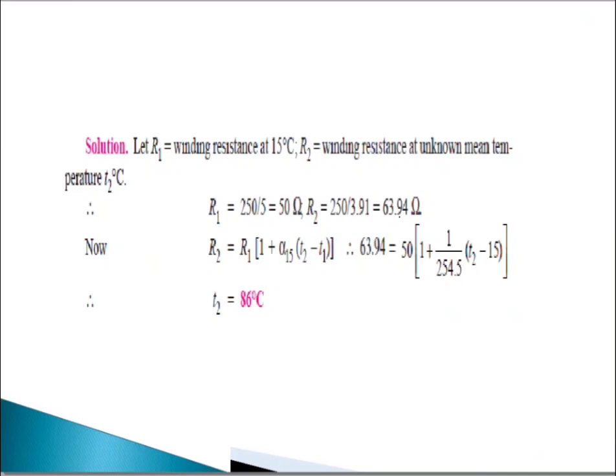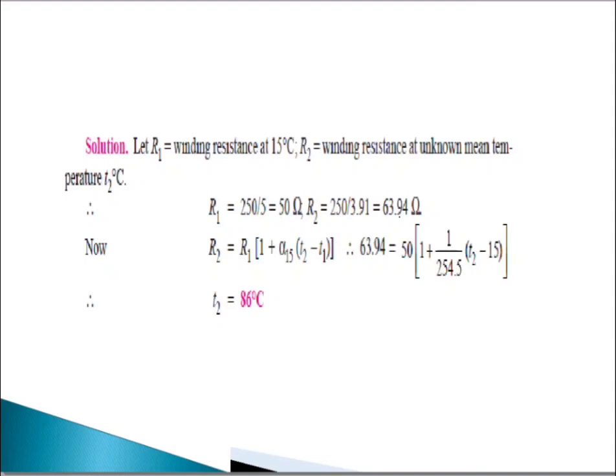Let R1 be the winding resistance at 15 degree Celsius and R2 the winding resistance at the unknown temperature T2, which we have to find. We know resistance is equal to voltage divided by current.